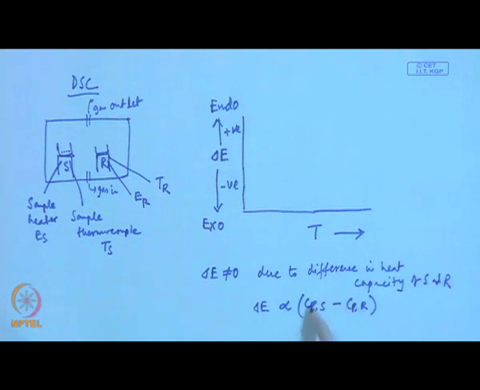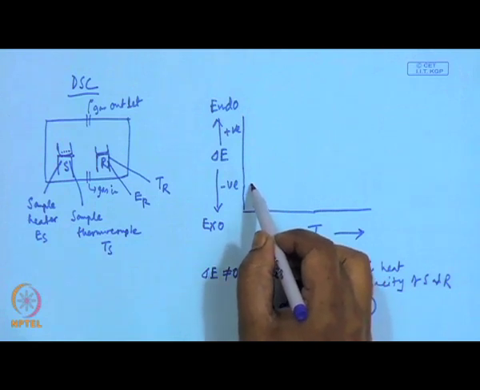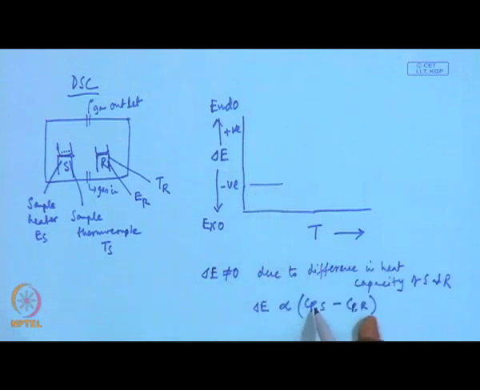So, if there is no change in heat capacity of the sample, then the value of delta E will remain the same, which will give us the baseline. So, if we start, delta E will start somewhere and remain the same as long as the heat capacity of the sample remains the same.